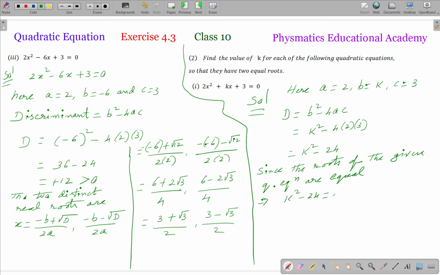Therefore, k square minus 24 is equal to 0.